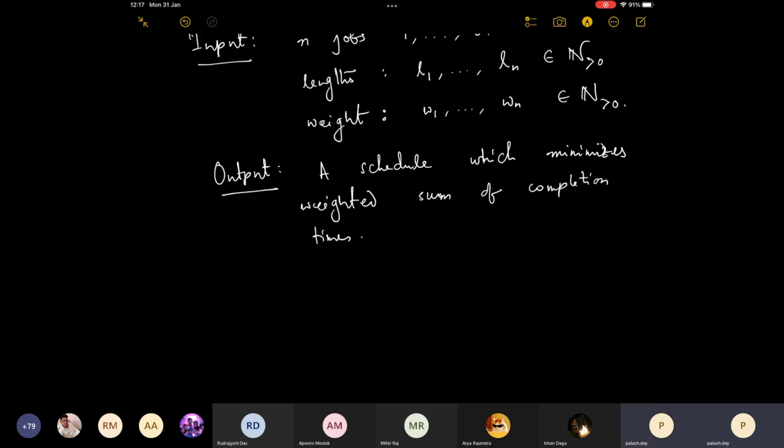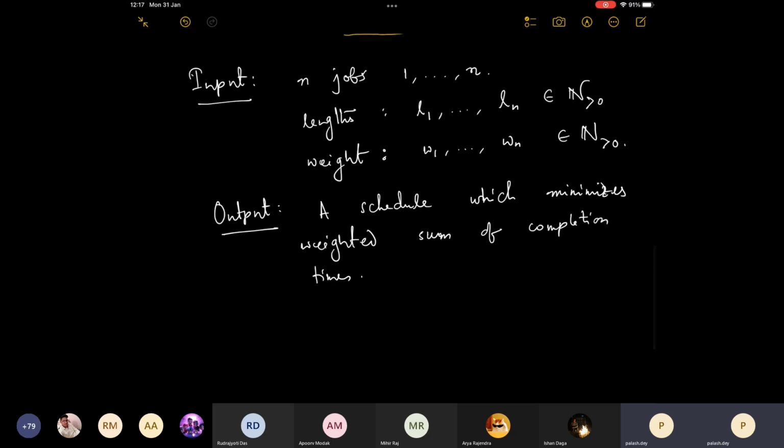That means you are executing the jobs according to a permutation of the jobs in some sequence, and you find which job completes at what time, and you minimize the weighted sum of those completion times.